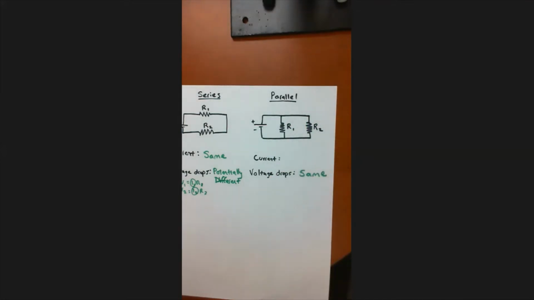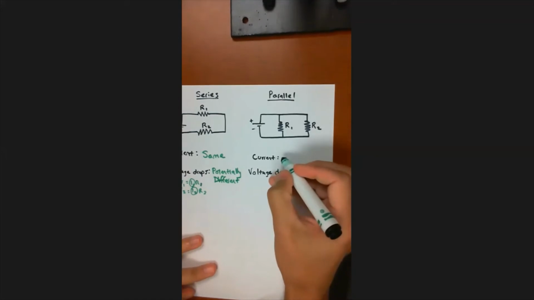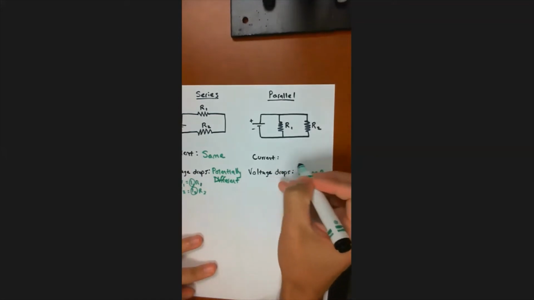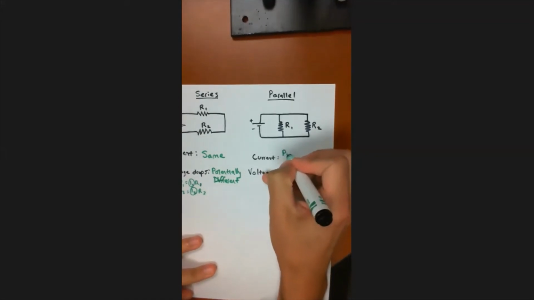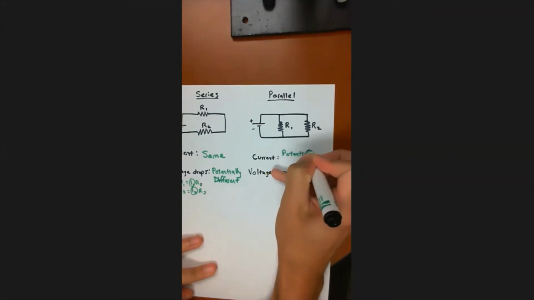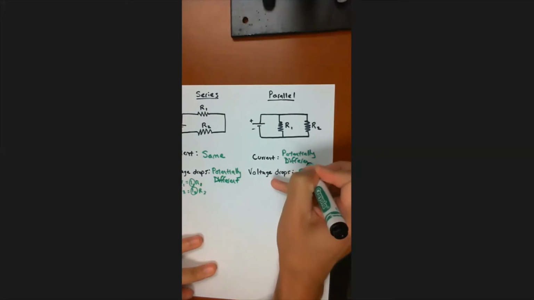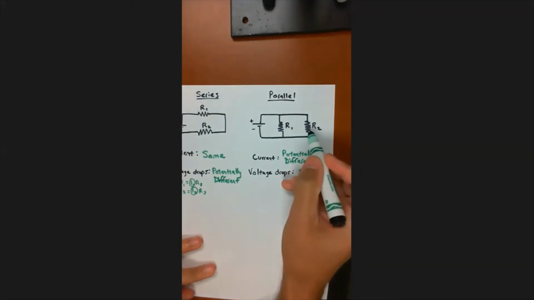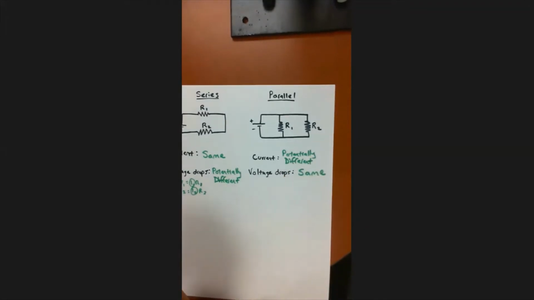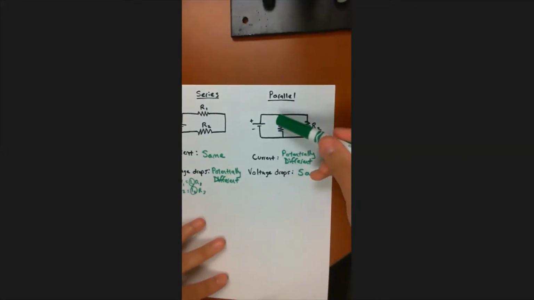So we don't even have to put numbers in there. I don't think we need to write the equation here. It's fairly intuitive that this current is potentially different, once again depending on the relative values of R1 and R2. If R1 happens to equal R2, in that special case the current is going to be the same through these.